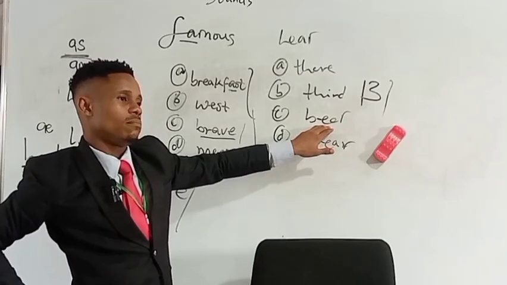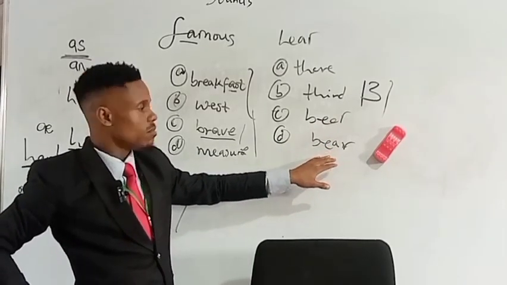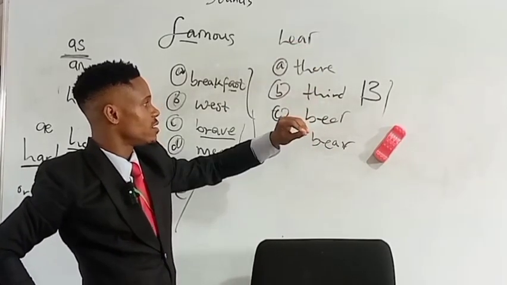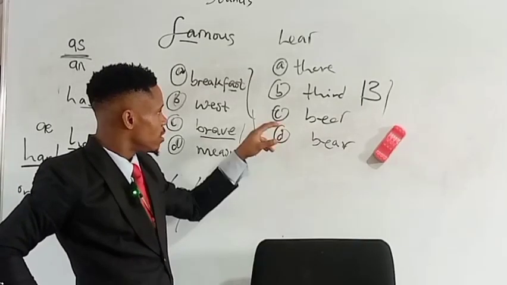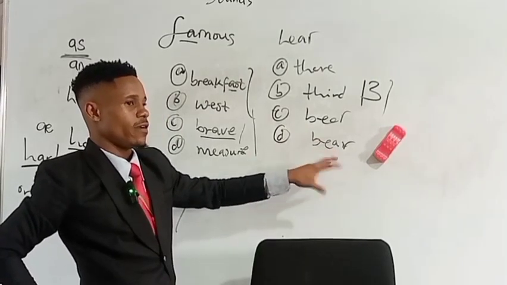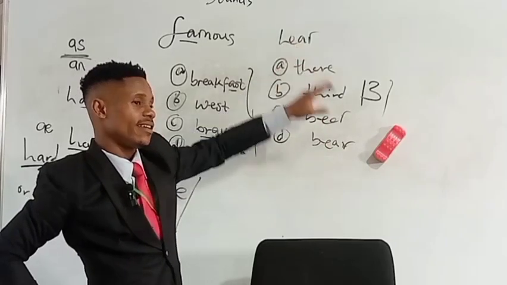So now, amongst this, which one has this? See, this is like saying bear. And this is beer. This is here.